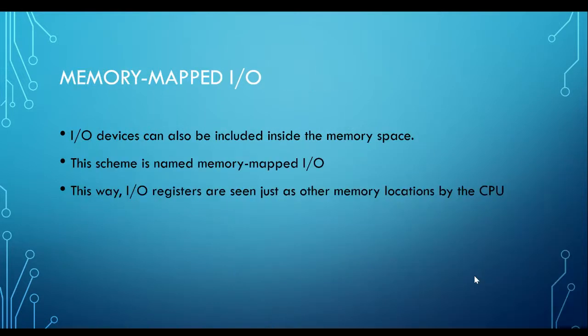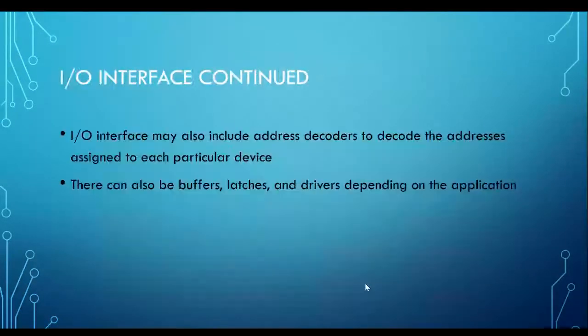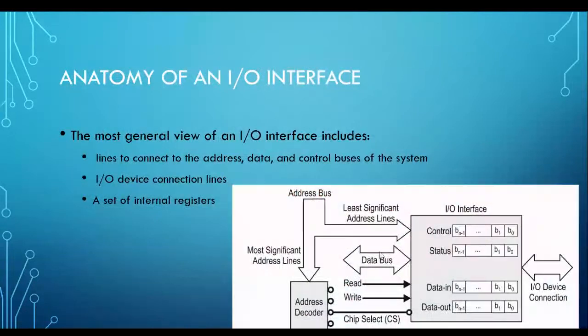Now we've studied this. This picture depicts it even further. The most general view of an I/O interface includes lines. You have your buses, then you have your memory interface, and then you have your connection with your I/O. So you still need to access the buses and so on and so forth.